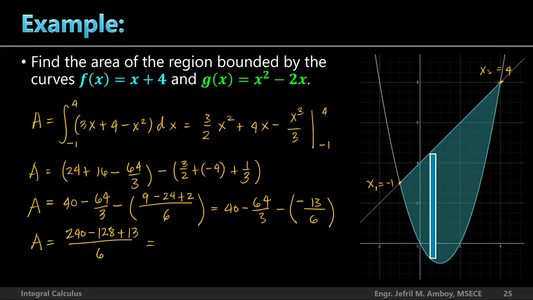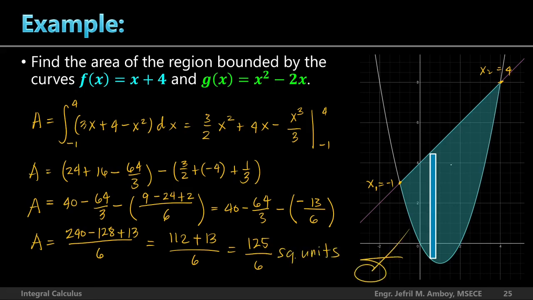So, 240 minus 128, that's 112 plus 13 over 6. Okay. So, adding 112 plus 13, that will give us 125 over 6. So, na-compute na natin yung area na hinahanap natin. The area of this region that is shaded in dark blue-green is 125 over 6. Lagyan natin ng unit, square units. O, di ba? Madali lang?